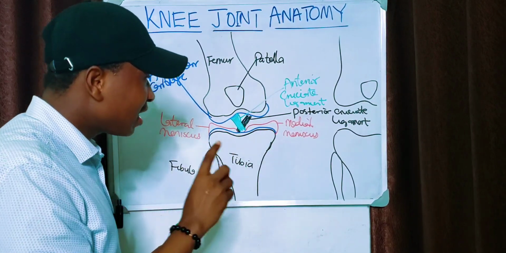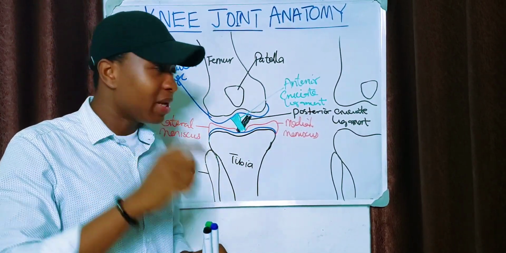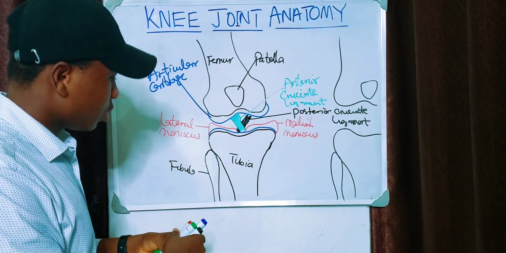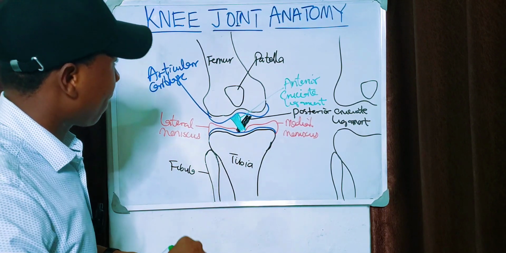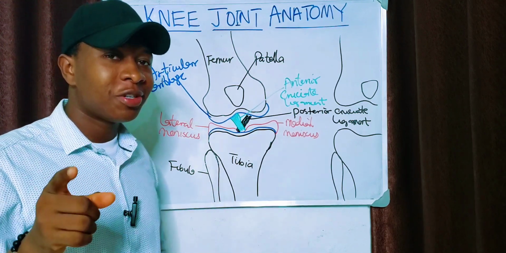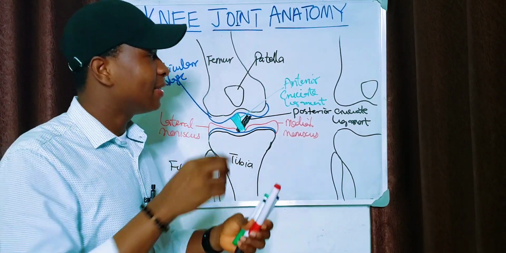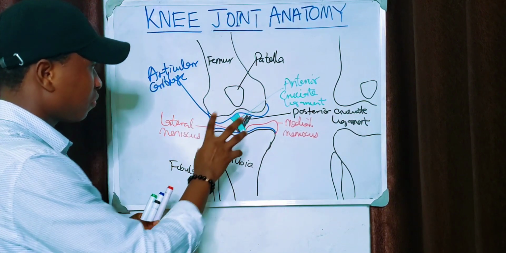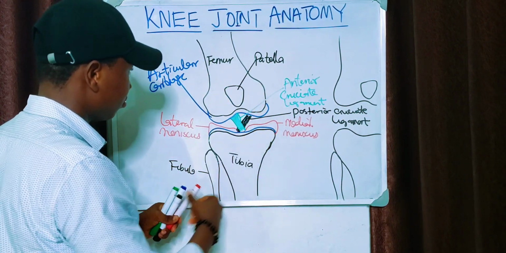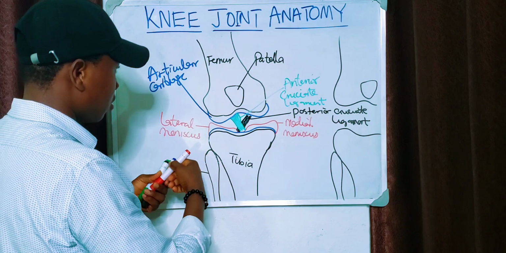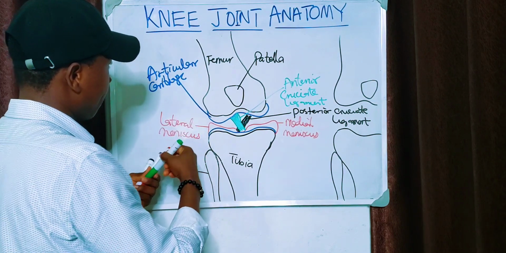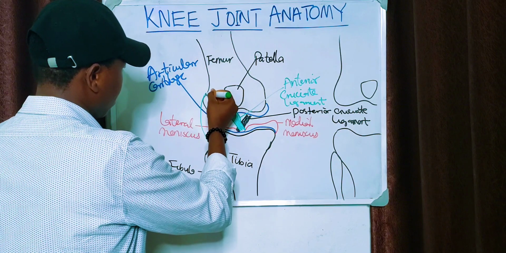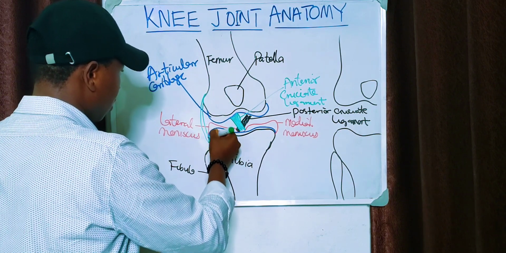Now there is another type of ligament I would mention here, and that is the lateral collateral ligament and the medial collateral ligament. Because of space, I'll draw the lateral collateral ligament here. So we have a ligament here.